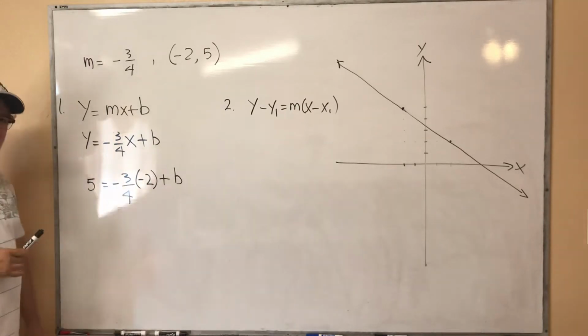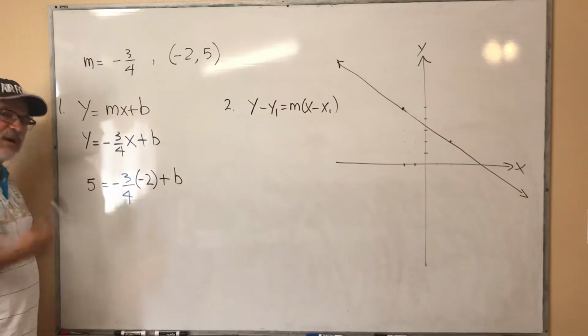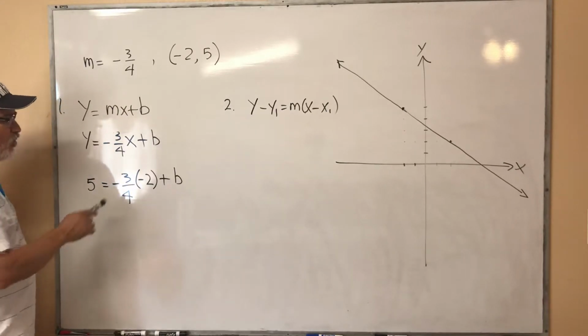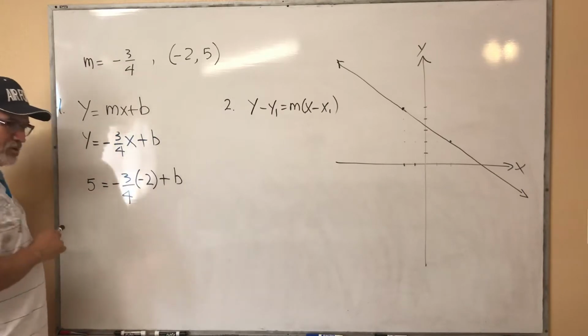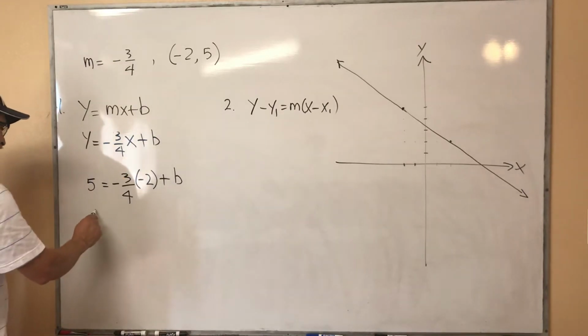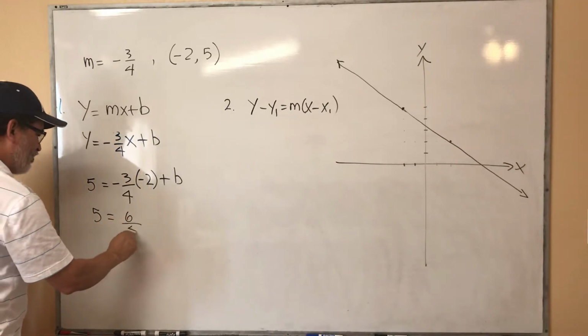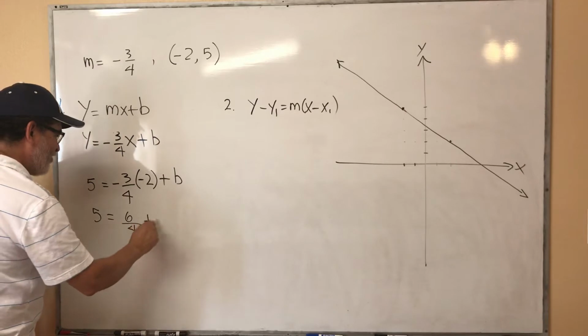Now you guys tell me, what is a negative times a negative? Positive. What is 3 times 2? 6. So therefore, 5 equals 6 over 4 plus b.